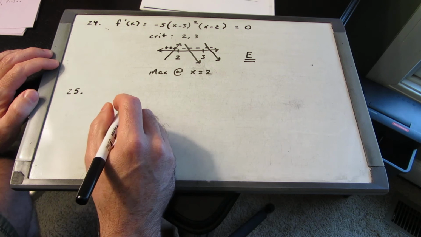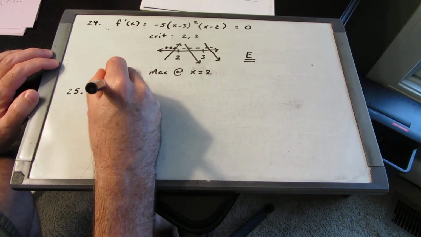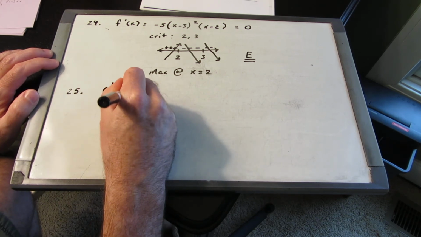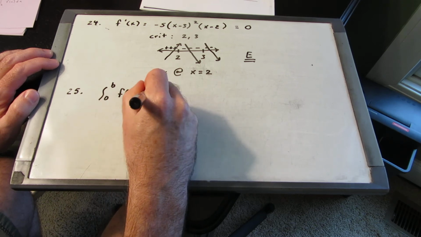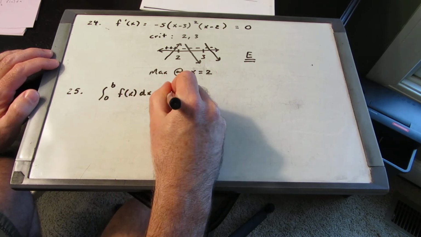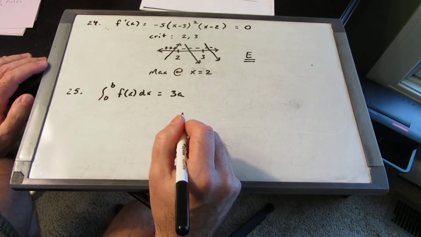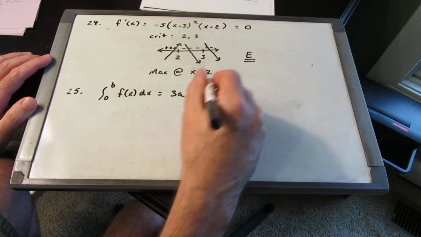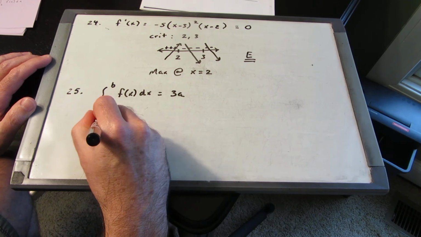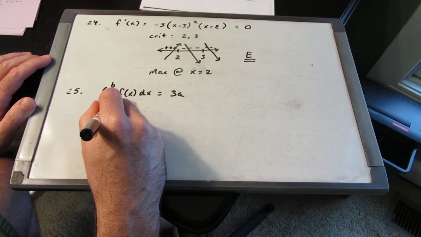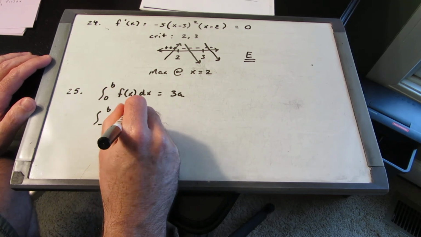Says if the integral from 0 to b of f of x dx is equal to 3a, and the graph of f is symmetric about the origin, then what is the integral from negative b to b of f of x dx?